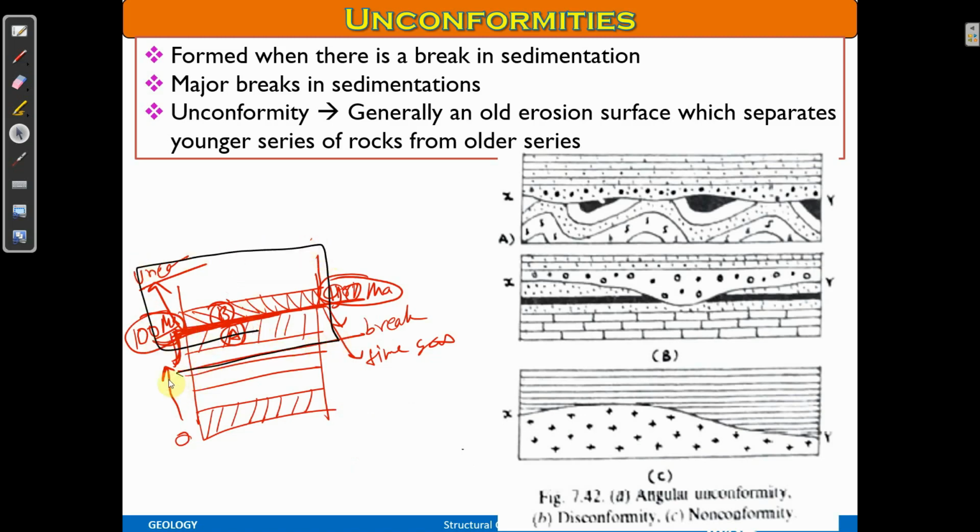So suppose up to 150 million years ago, the sediments stayed there, and everything else got blown away for some reason, okay?